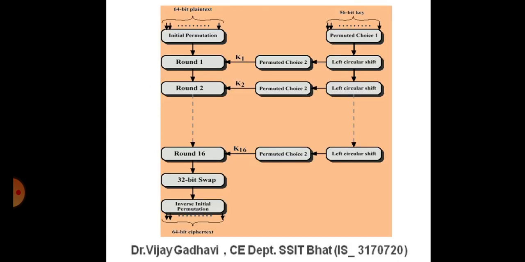This is a general depiction of the DES encryption algorithm. Here we are seeing the same process. There are 16 rounds and the initial permutation. Before that we initialize the entire process. The 32-bit swap is a new thing. Then the inverse initial permutation, which we also saw in the last topic. Here we can see K1 to K16, the keys, the permutation choices, left circular shift, and permutation choice 1.